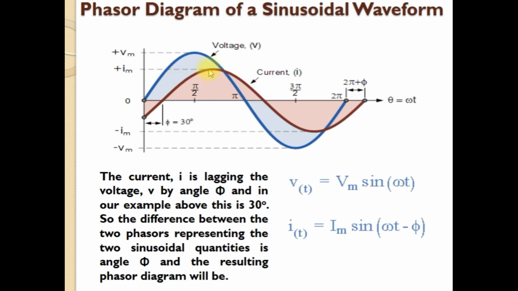That means this waveform is lagging with respect to this waveform by this much angle, which corresponds to phi equal to 30 degree in this case.